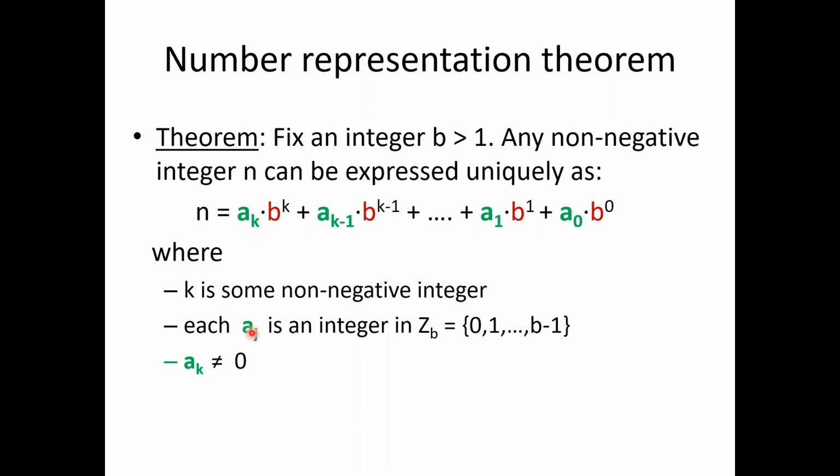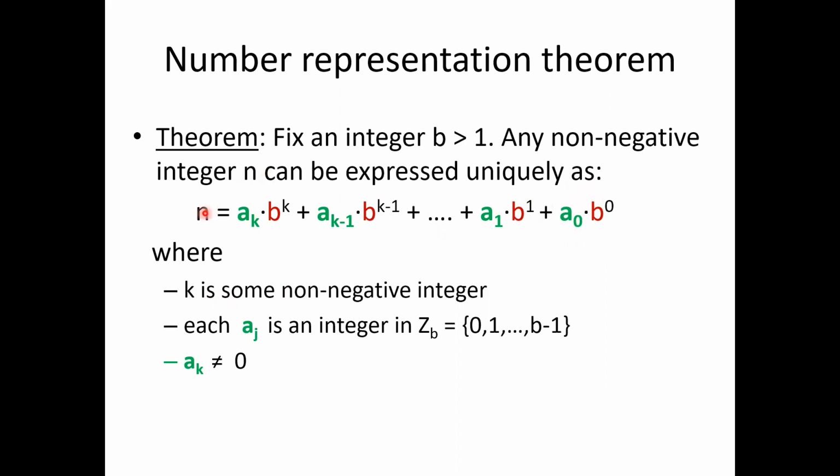All these digits are in Z_b, and k is a non-negative integer. k could be 0, in which case there is only a_0. What is b to the 0, by the way? That's a 1, because everything to the 0 is a 1.